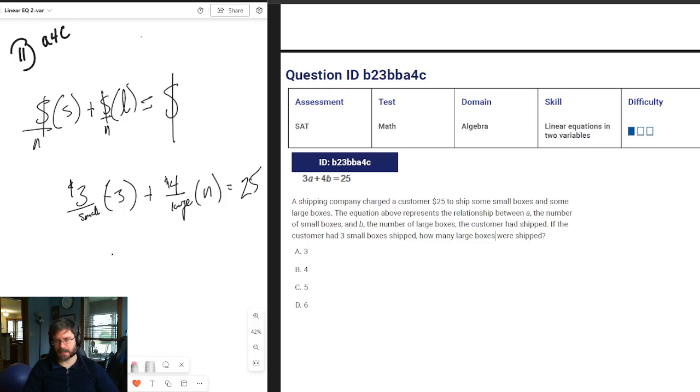Stripping out the units of measurement here, we get 12 plus 4n equals 25. Subtract the 12, divide by 4. We get 4n equals 13.